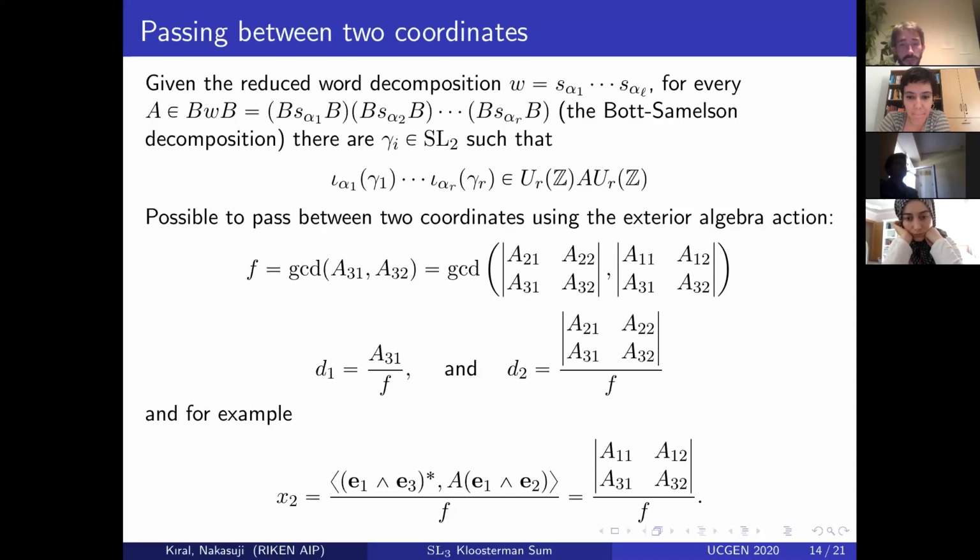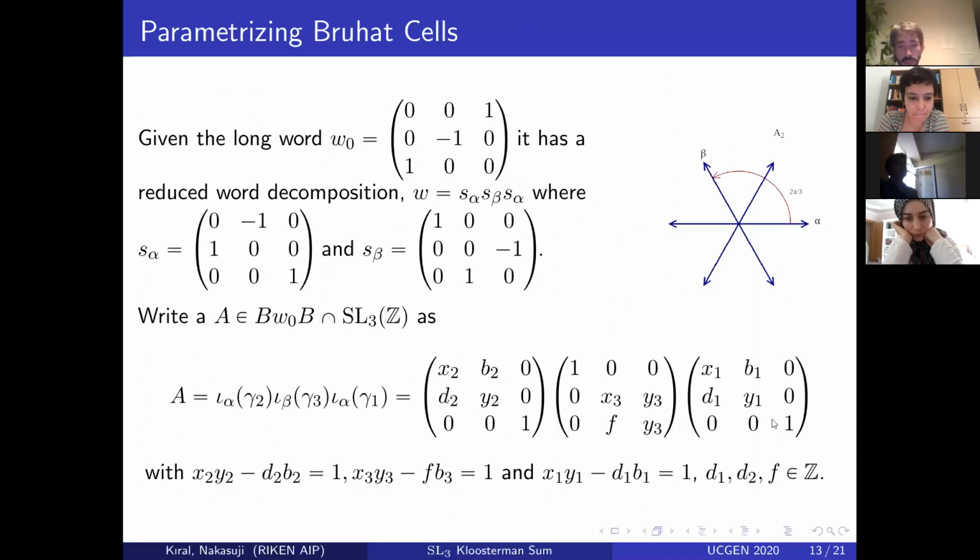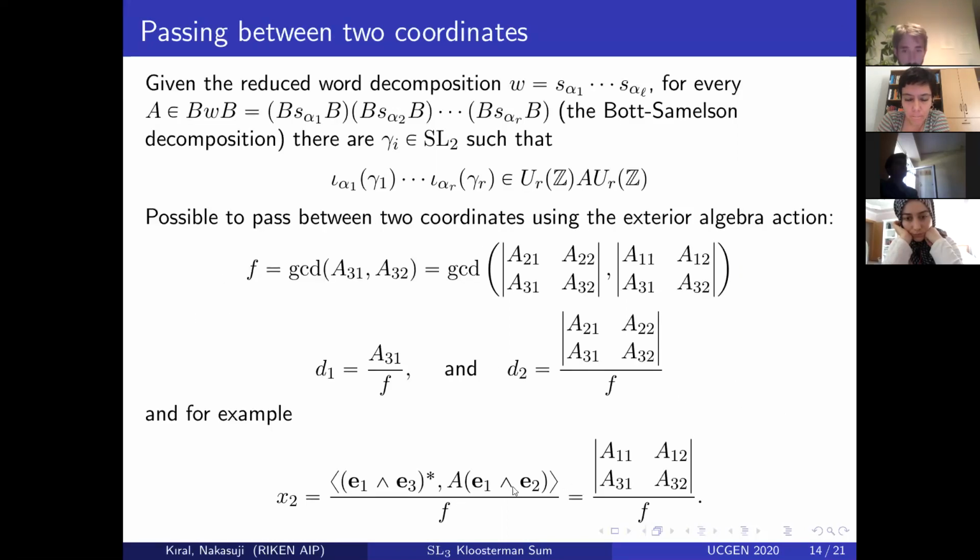But if you look at it from the lens of this factorization, this product, you act A on E1 wedge E2, and then you look at the E1 wedge E3 component of this product, you get X2 times F. Thus, using this and many other exterior algebra calculations, you can get all of them, like X1, X2, etc.